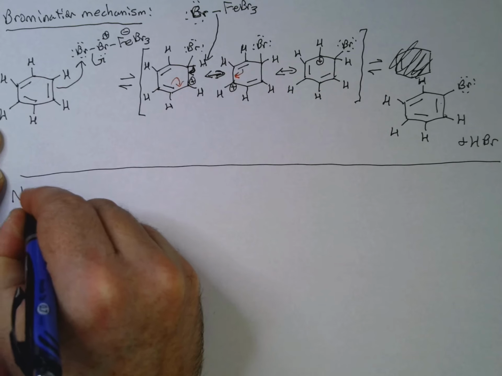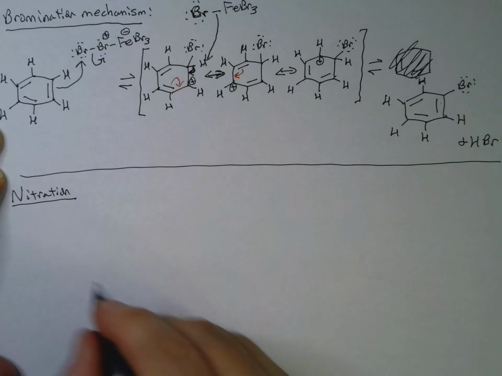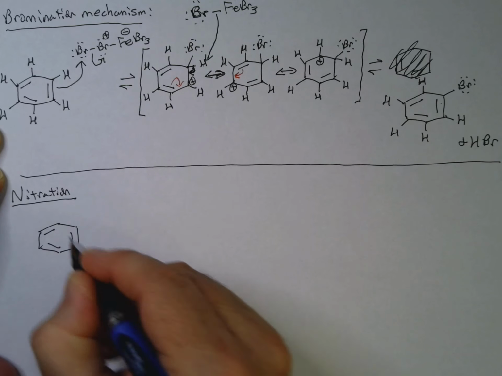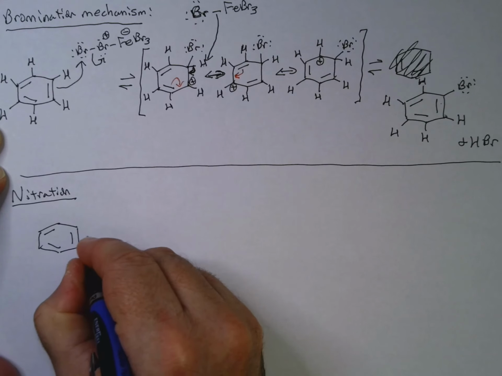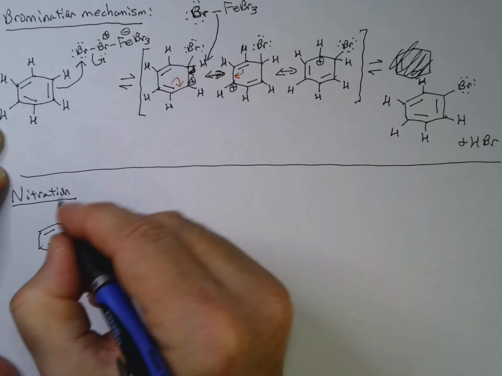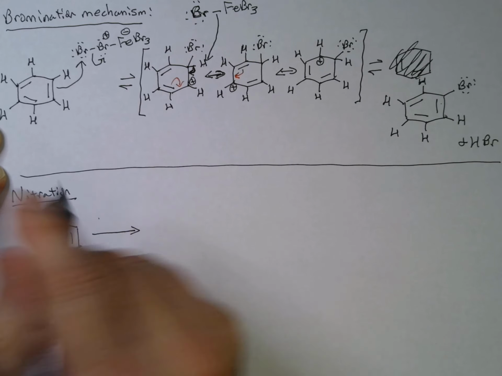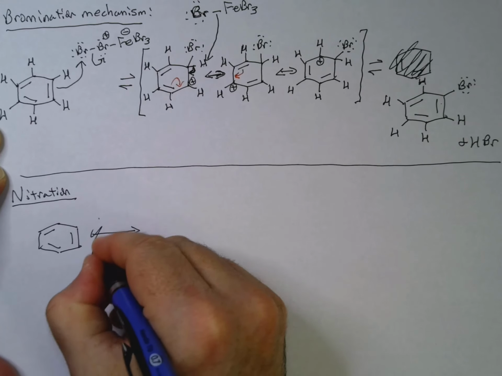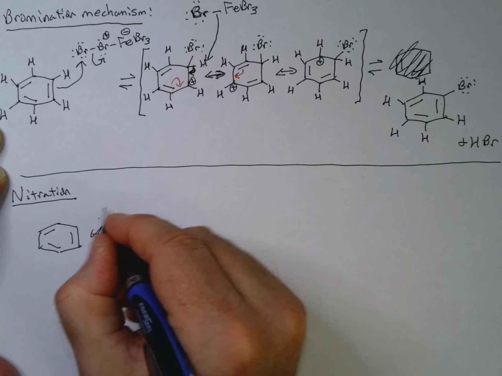So we could have nitration, where we have our benzene, and we're going to react this with HNO3. How do I want to write this out here? Yeah, let's do it this way, sorry. We'll do our benzene.